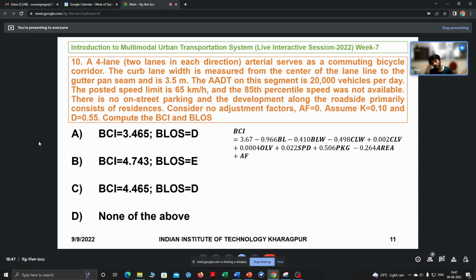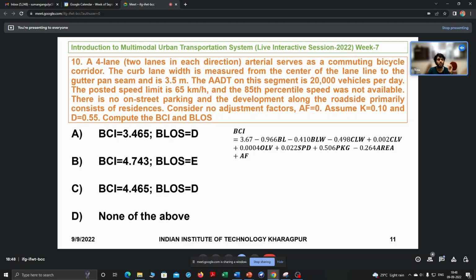If you remember, it will be 65 plus 15. It's an empirical formula that is given. What do you mean by 85th percentile speed? It means only 15% of the vehicles are traveling faster than that particular speed. Suppose your 85th percentile speed is 80, and you have 100 vehicles running along a particular road, only 15 vehicles will travel faster than 80.